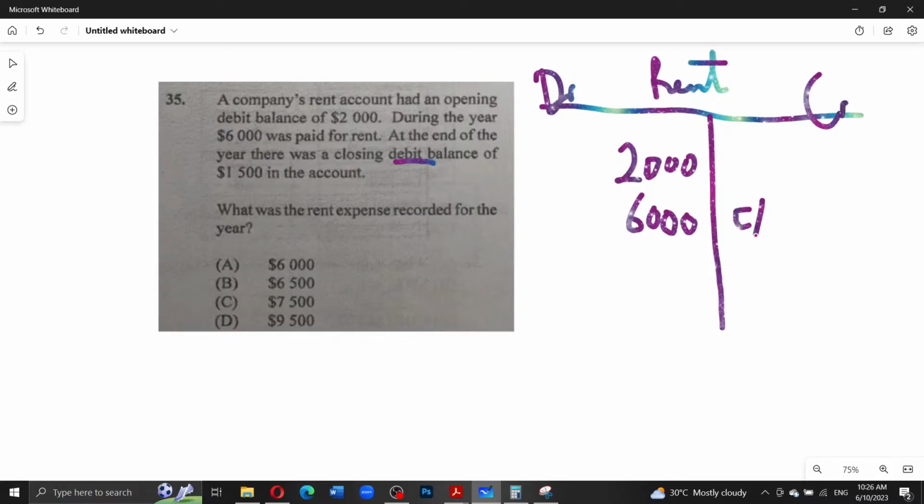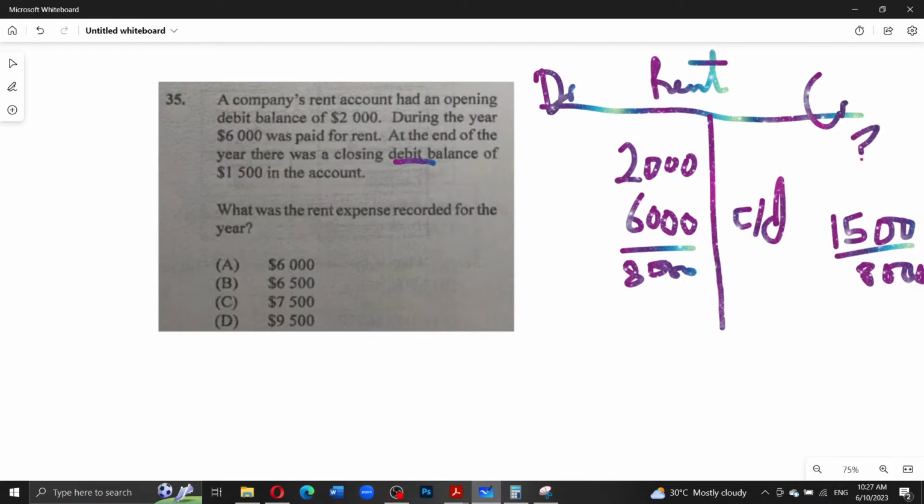So the balance carried down will be 1,500. If you total the debit side, you will have 8,000. And over here, we have to get 8,000 as well. So what is the missing figure? This total is 8,000.